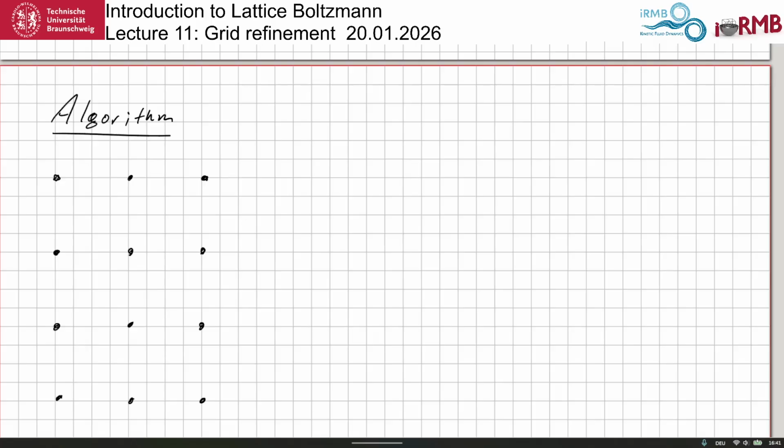Okay, I should have looked at my notes beforehand. I have it the other way around. Okay, I have to flip my script now. Oh my God. So let me see. Here we have the fine grid.